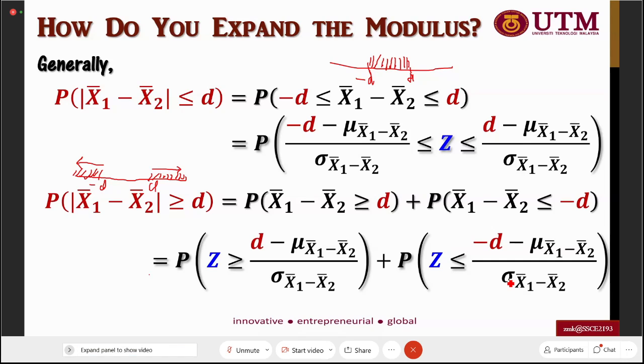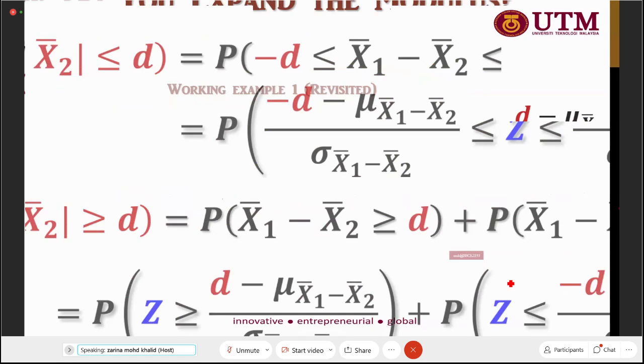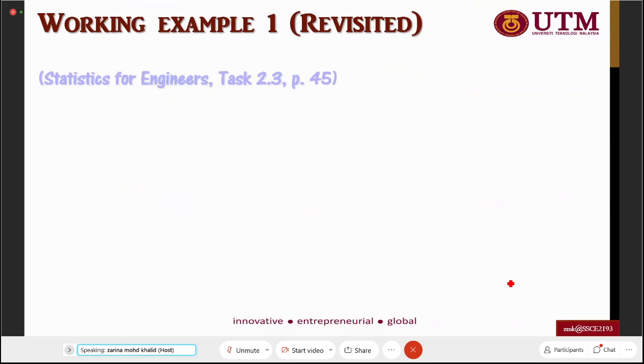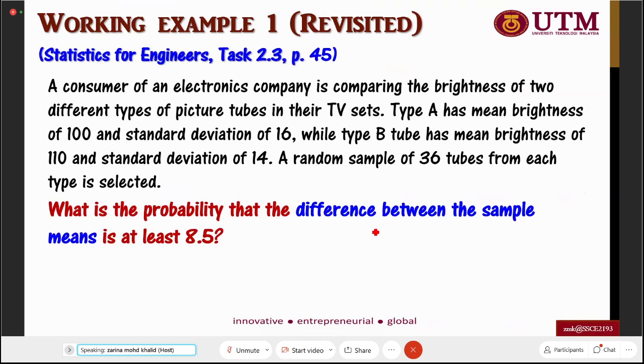So if you revisit this question, instead of asking for the probability that X bar B minus X bar A is at least 8.5, now I put it in a sentence like this: what is the probability that the difference between the sample means is at least 8.5? How do you know whether it is X bar A minus X bar B, or X bar B minus X bar A?